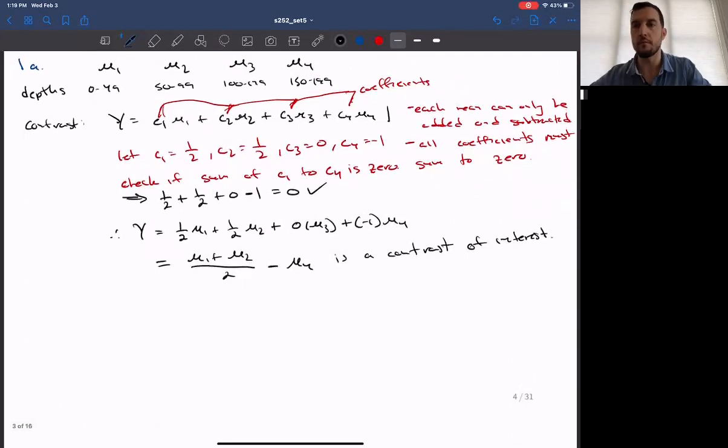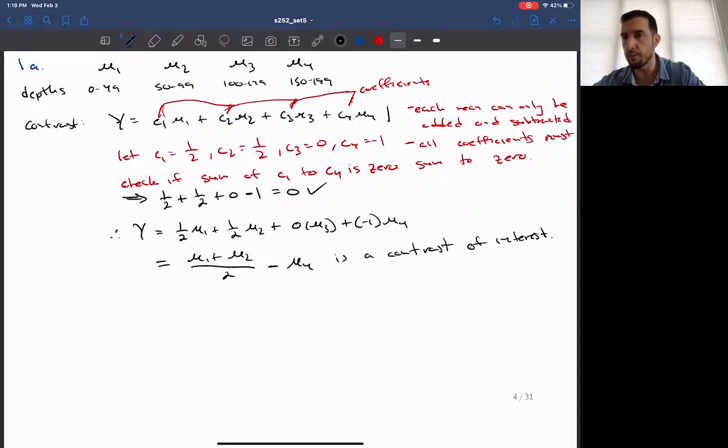Right? So that's the basic idea when we want to set up a contrast. If we want to compare a collection of means to one another when we have more than 2 in the set, we just have to find a set of coefficients that allows us to make the comparison that we're interested in. And the only rule is that the means have to be added and subtracted to one another, and the coefficients must sum to 0.